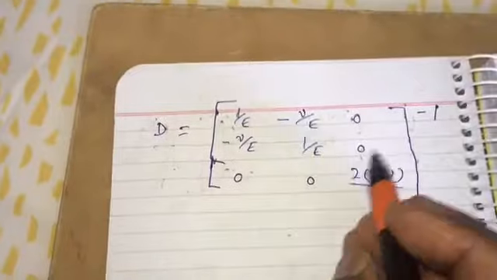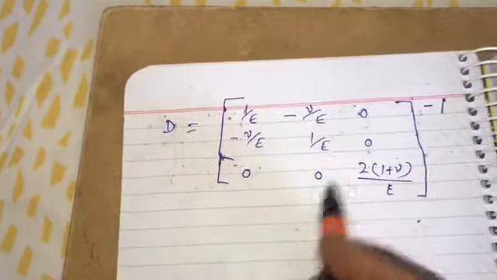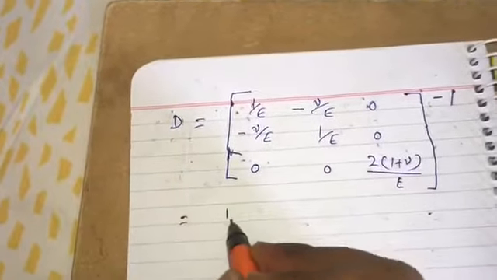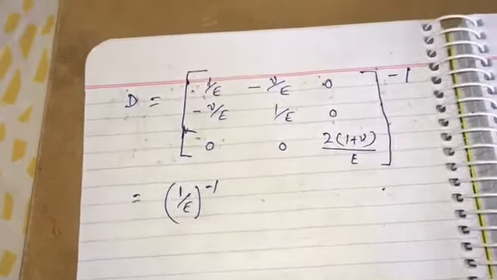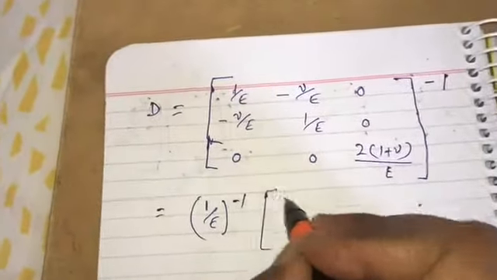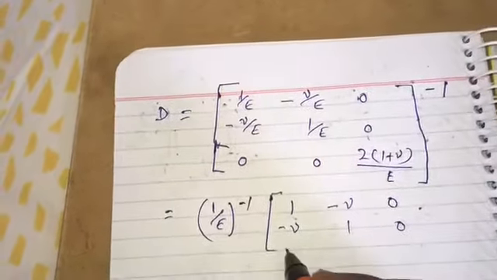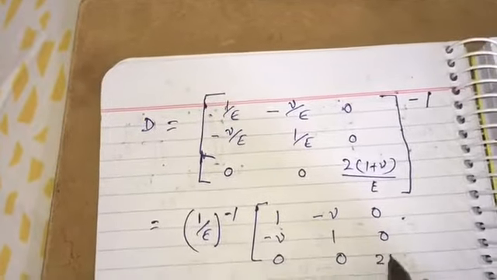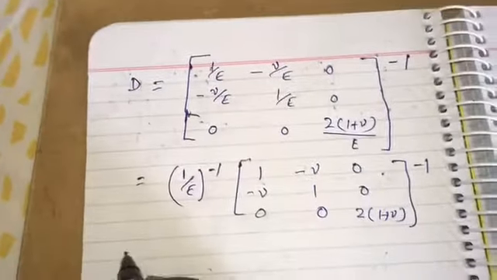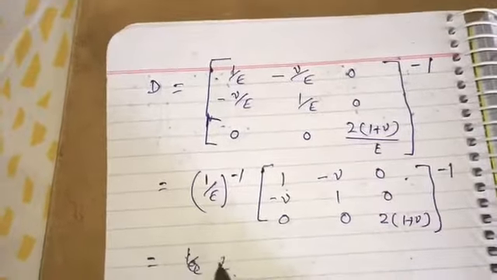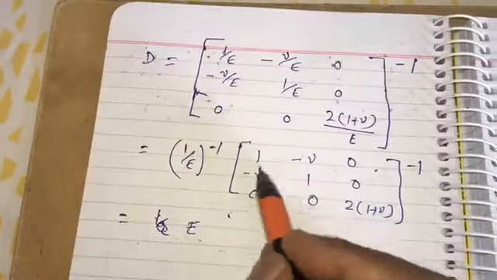So if we take out 1 over E from here, we get 1 over E times the inverse of 1, minus nu, 0, minus nu, 1, 0, 0, 0, 2 times 1 plus nu. So that is simply E multiplied by the inverse of this one.